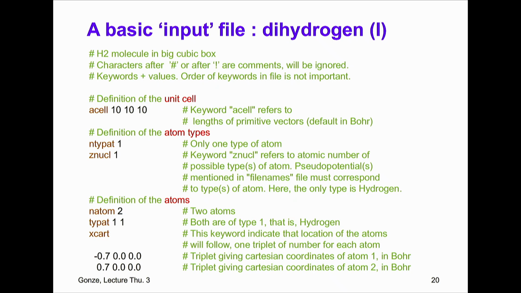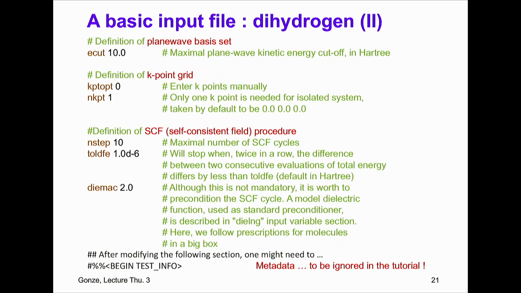If I had barium titanate, I would have 3 types, 1, 2, 3, and here I might have found 5 atoms, then 1, 2, 3, 3, 3 for the 3 oxygens. And then a starting position for the atoms. It's a simple dimer, so -6 and +6 x position, and then 0, 0 for the y and z coordinates. Nothing fancy. It is given again in Bohr. If you like angstrom, you can put angstrom, like for the unit cell.